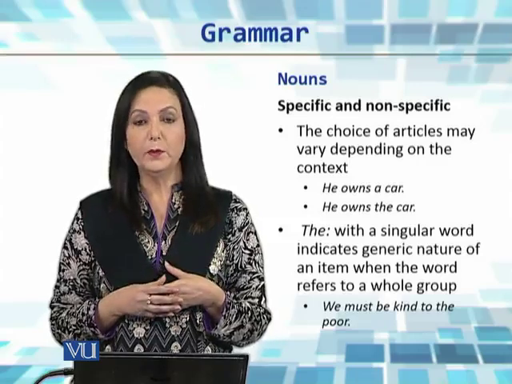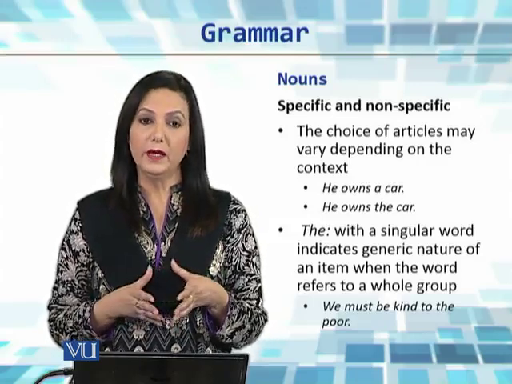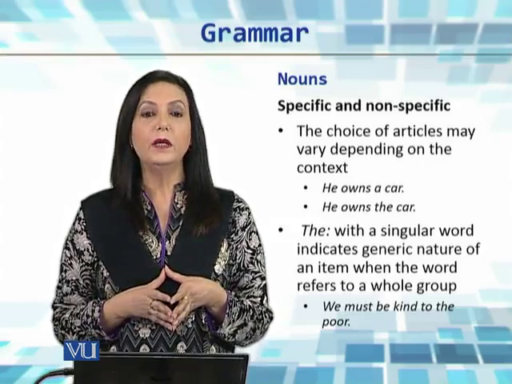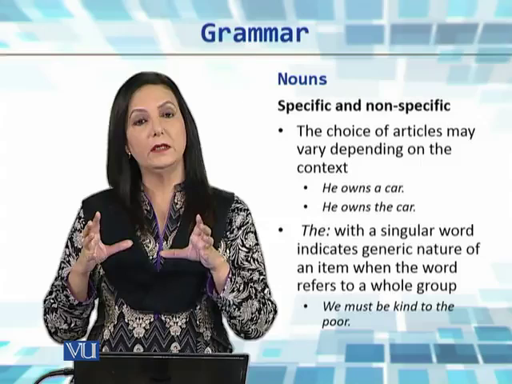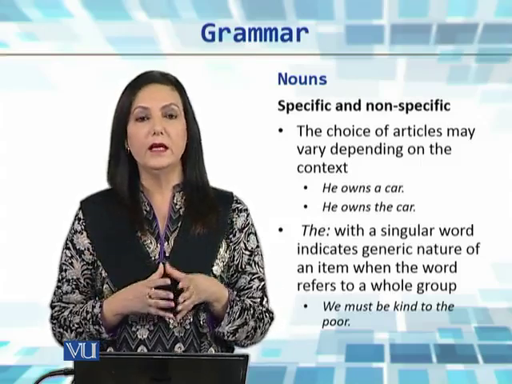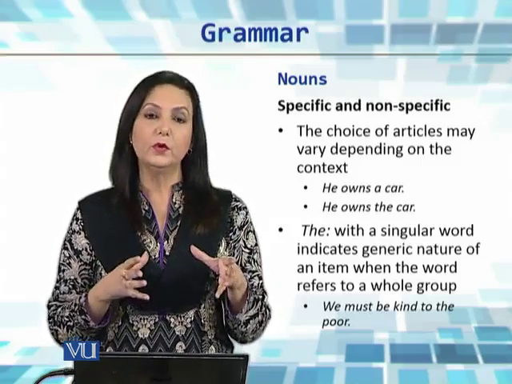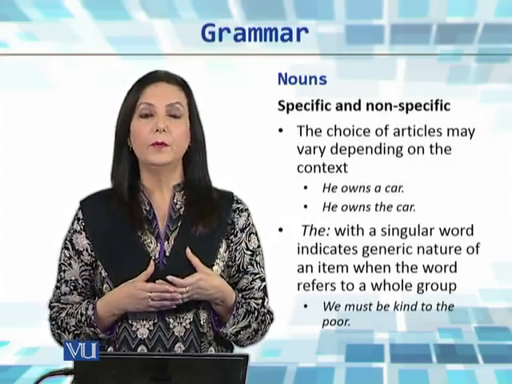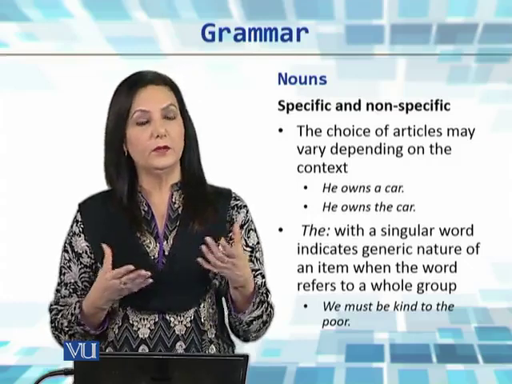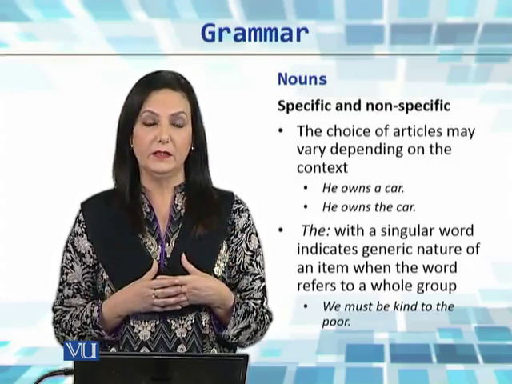For example, we must be kind to the poor. When you make a sentence like this, you mean the poor people in the world, any poor people in the world, as a generic group. So you mean that we must be kind to all the poor in the world, or we must be kind to the homeless, we must be helpful to the blind, etc.